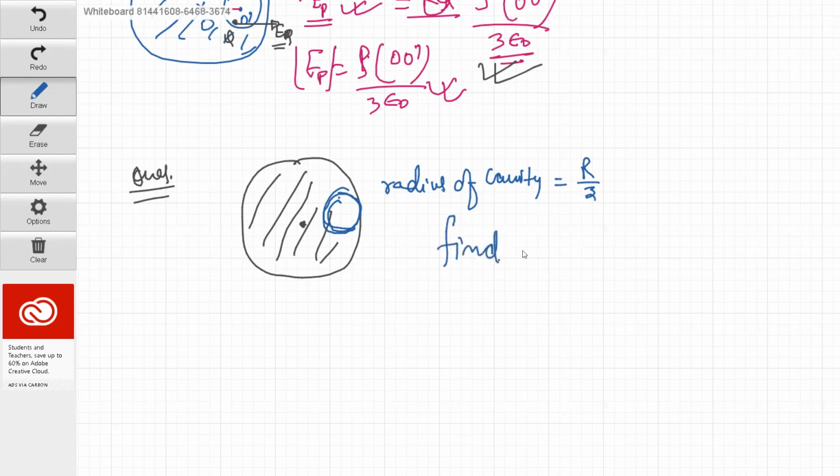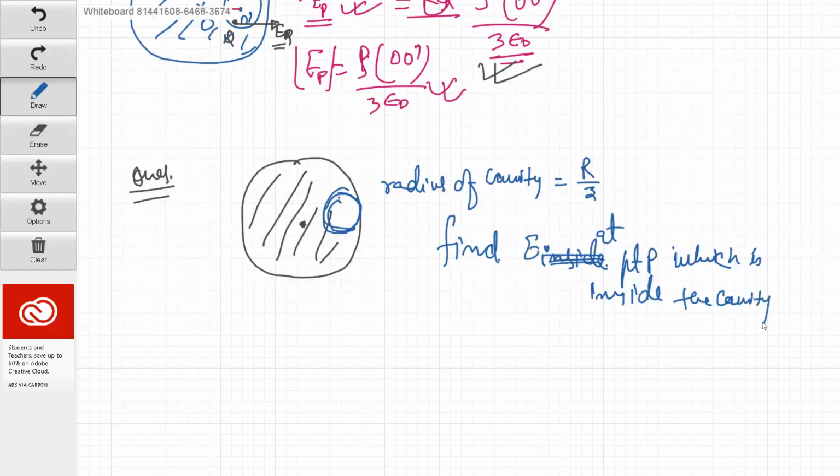Find the electric field at point P, which is inside the cavity, if the charge density is rho.